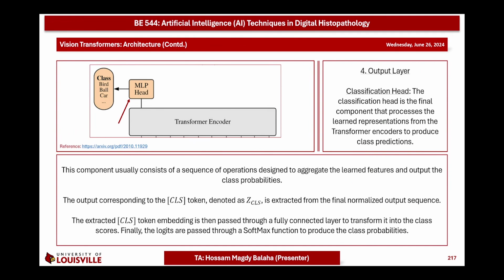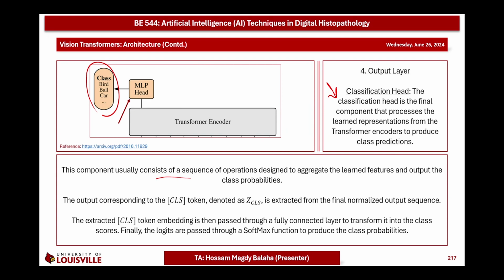So the classification head is the final component that will process the learned representations from the transformer encoders to produce the classification predictions. Internally, it consists of a sequence of operations designed to aggregate the learned features and output the class probabilities.